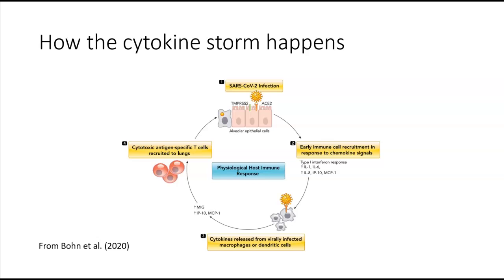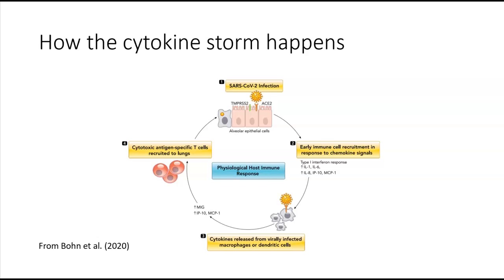The next step we have is the pulmonary recruitment of macrophages and dendritic cells in response to chemokine and cytokine release. This is a normal response, but it will eventually spin out of control and become the cytokine storm. The third step, we see direct viral infection of pulmonary macrophages and dendritic cells, causing expression of several pro-inflammatory cytokines and chemokines.